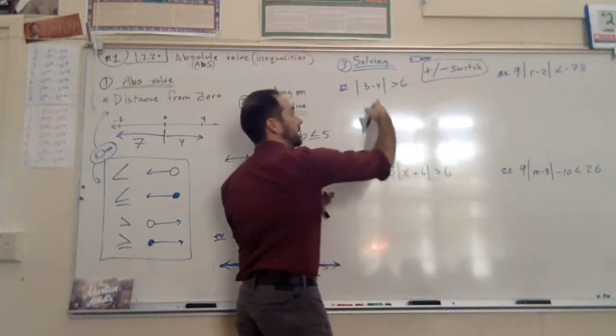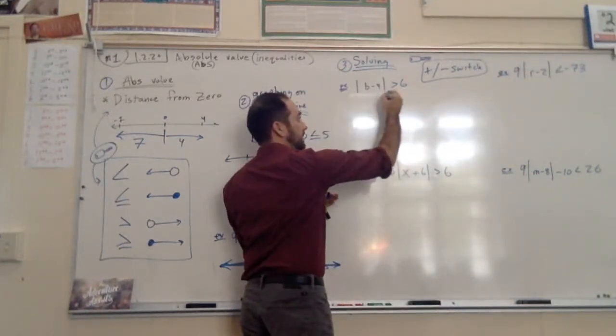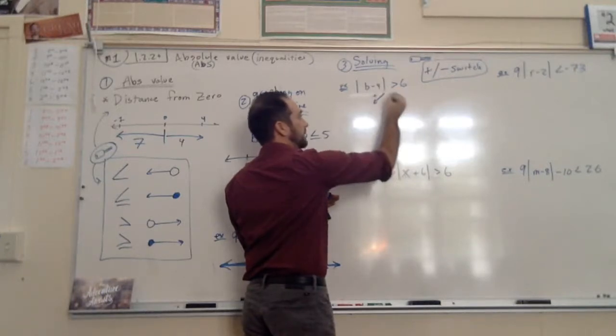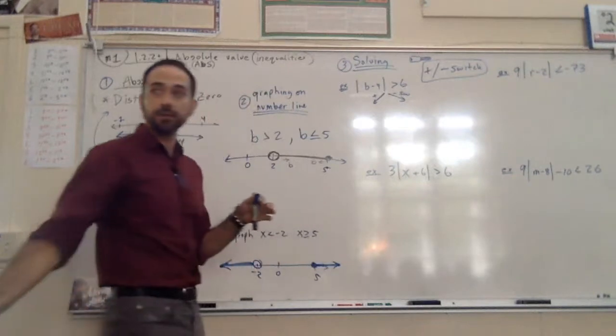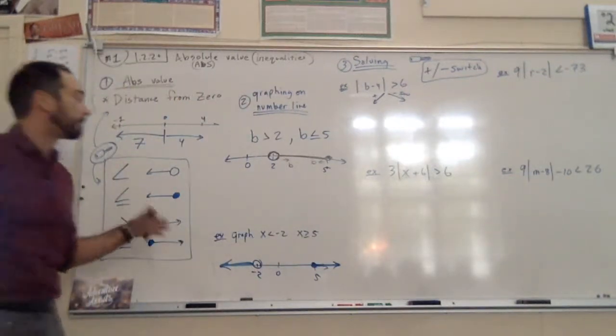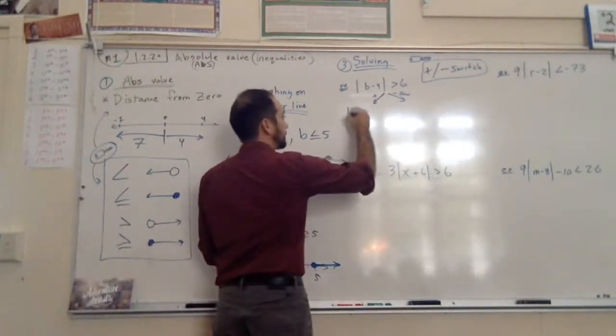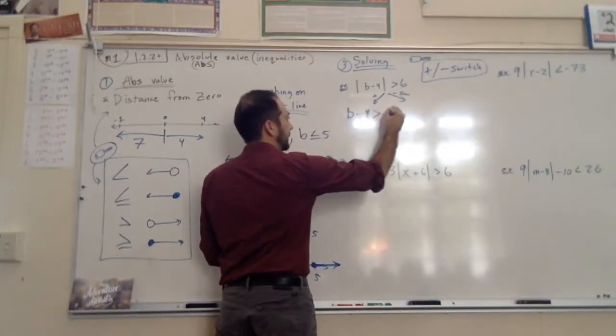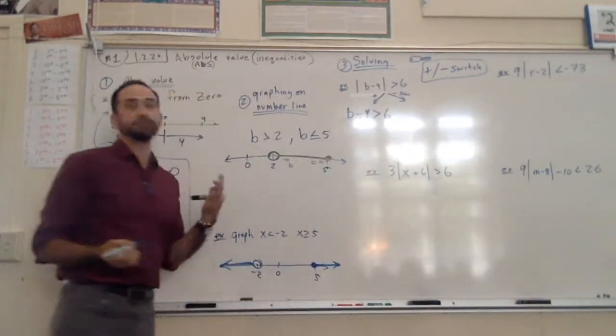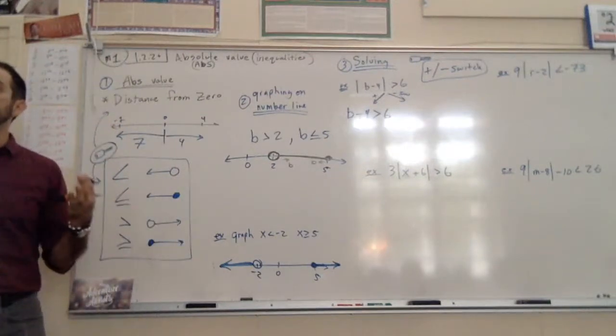Okay? I'm going to show you what the switch is first before we go further. All right. Let's go ahead and look at this problem here, and let's branch it to the positive side and the negative switch. Now, the positive is nice because I just drop my absolute value symbols and rewrite the entire thing. See, nothing really changes.